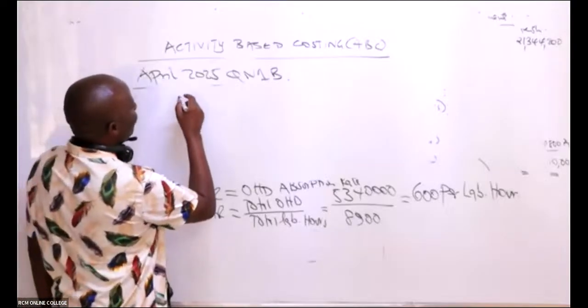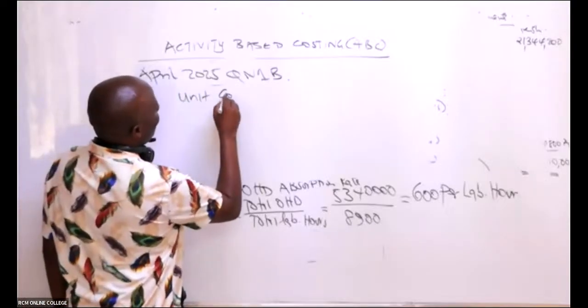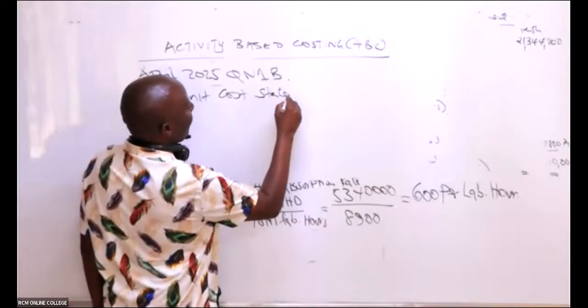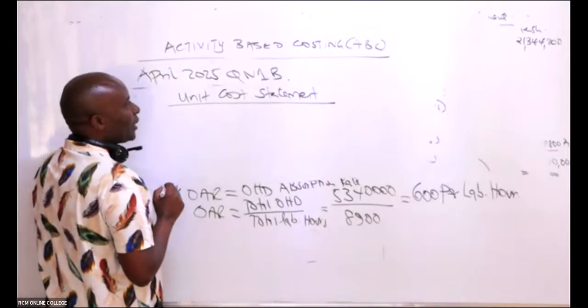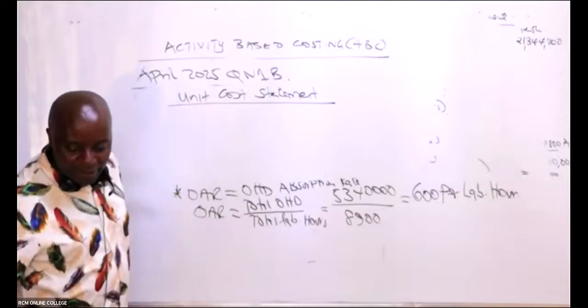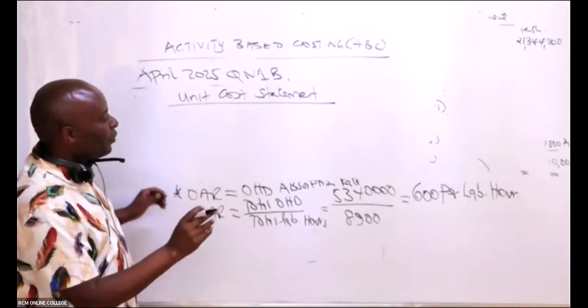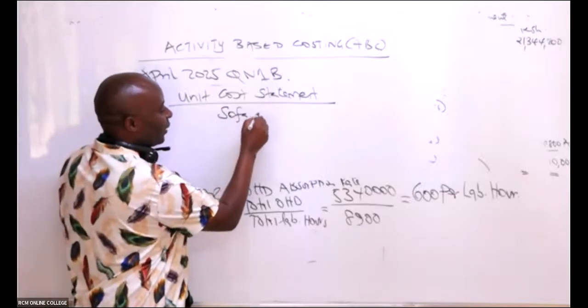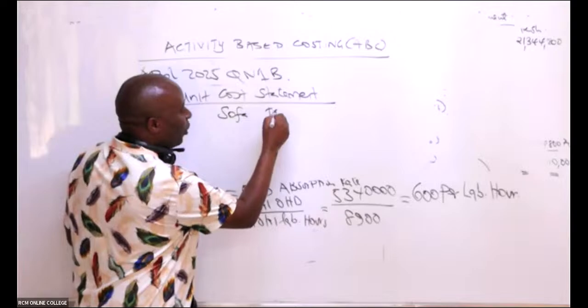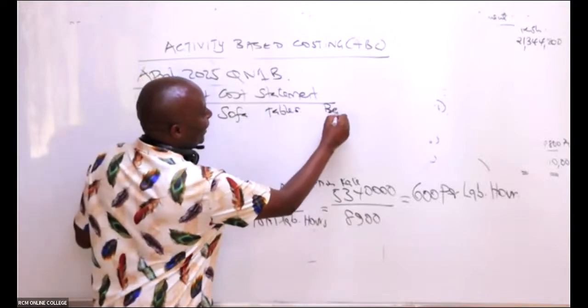They want us to give them a unit cost statement. So we have our three products. Do you remember the names of our three products? We have sofa, tables, and the beds, isn't it?